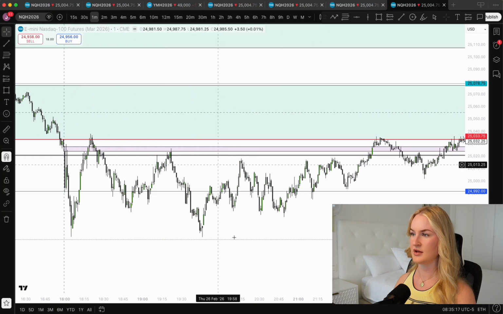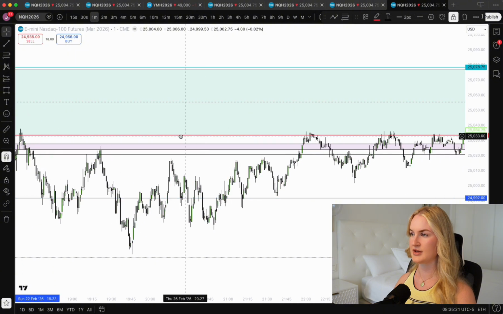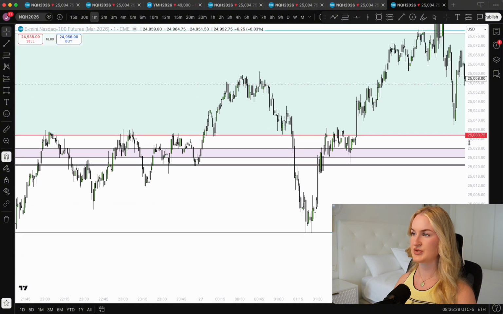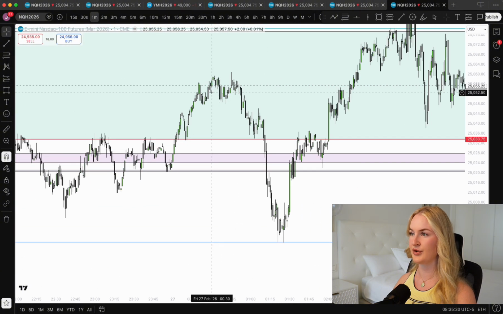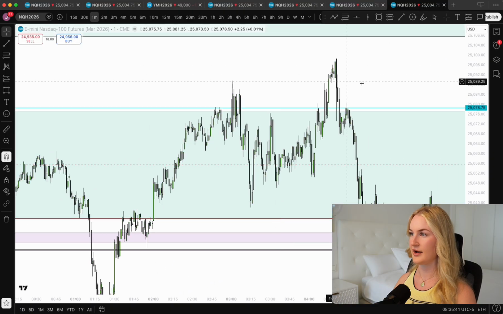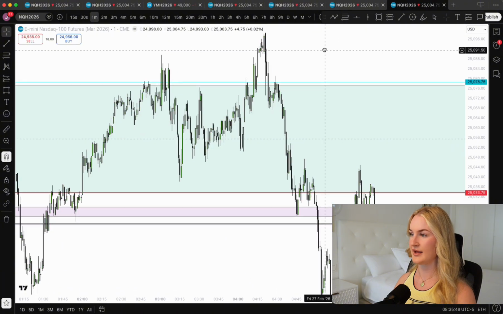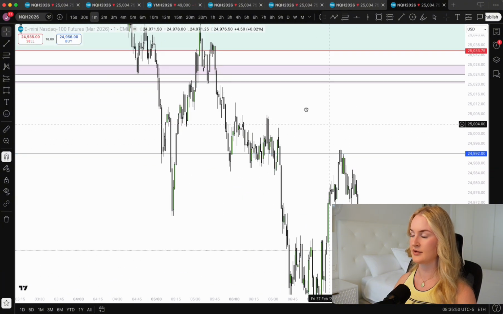So then we see here again at new day opening gap, support, support, support. So here beautiful at the midpoint of the new week opening gap, dropped lower and went back higher. So here again we see resistance at the key level, at the high of the new week opening gap.